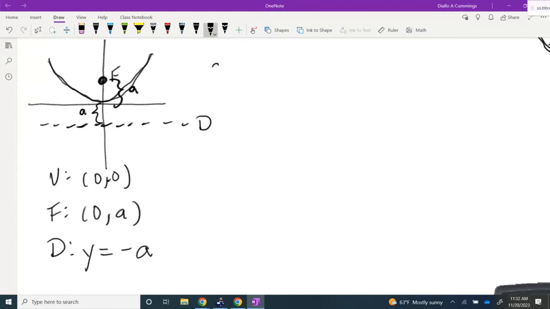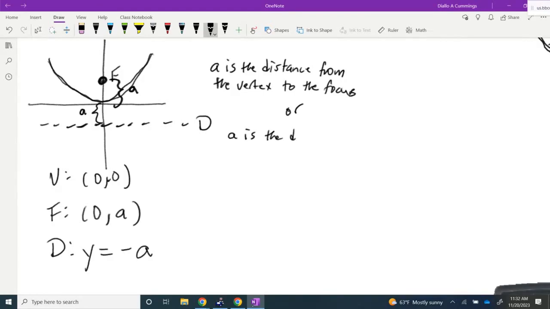So a is the distance from the vertex to the focus, or a is the distance from the directrix to the vertex.